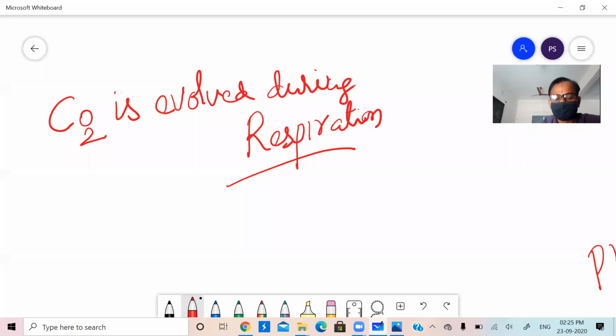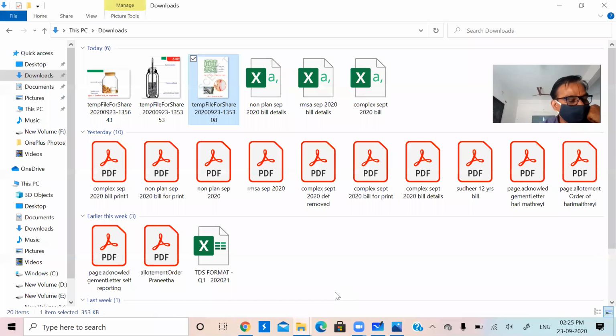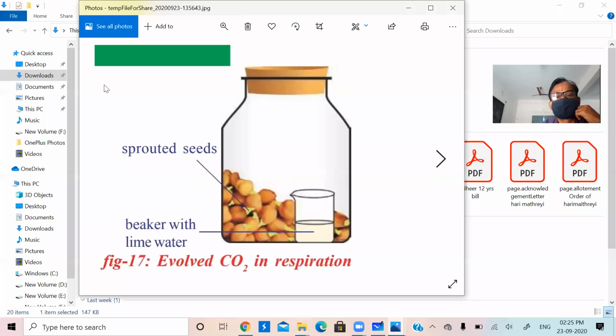For this, there is an experiment. For that, we have to take a handful of moong dal or Bengal gram seeds.